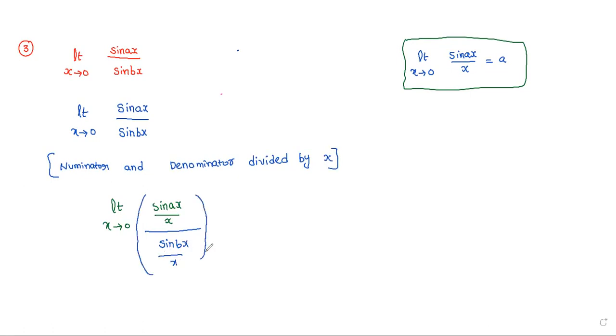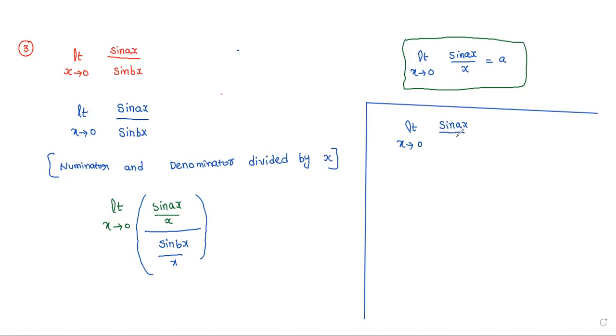Apply the limit to both numerator and denominator: limit x tends to 0 of sin ax by x, whole divided by limit x tends to 0 of sin bx by x. Now, by the formula, sin ax by x has value a and sin bx by x has value b. So the final answer is a by b. Write down.